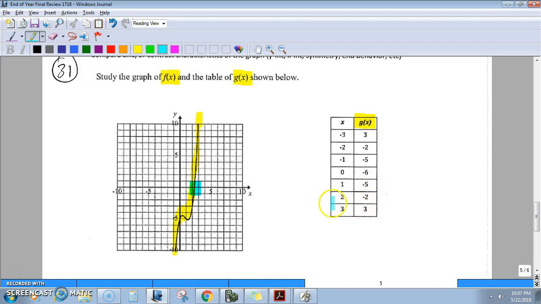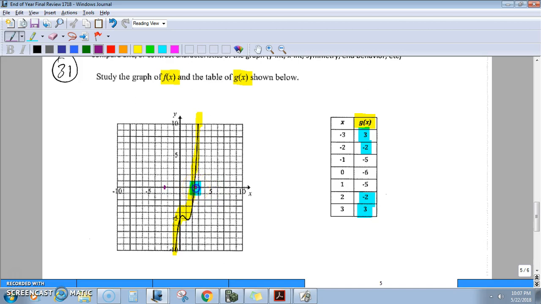But y is going to be 0 in between here, because here we have positive 3 and negative 2. Well, 0's got to be in between there somewhere, right? And positive 3 and negative 2, 0 is going to be in there somewhere also. So it looks like this one is a parabola somewhere between negative 2 and negative 3 here.